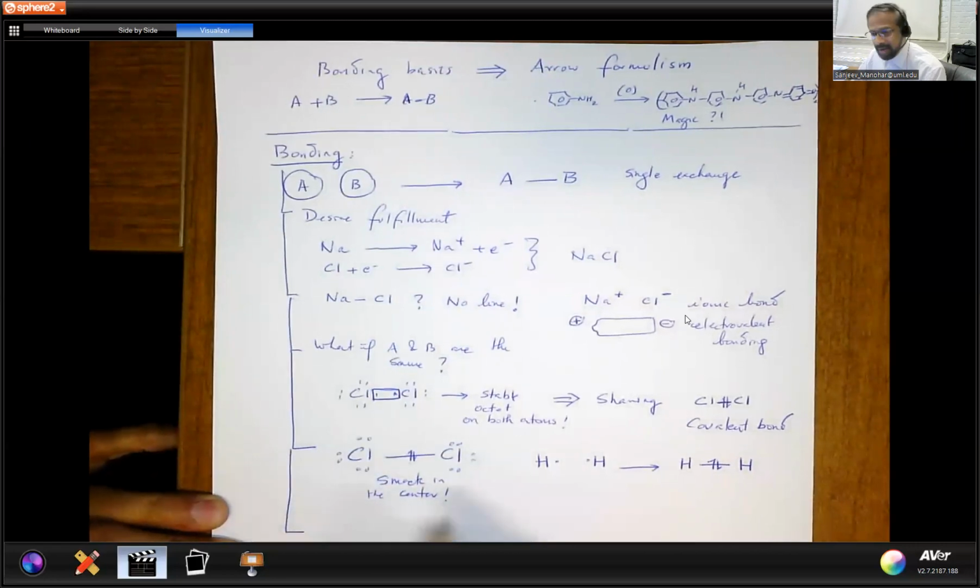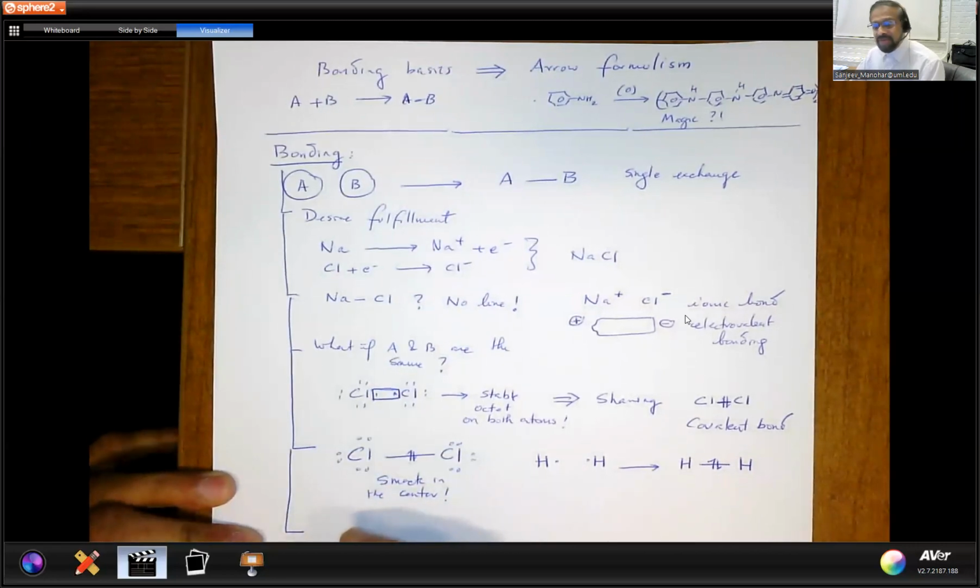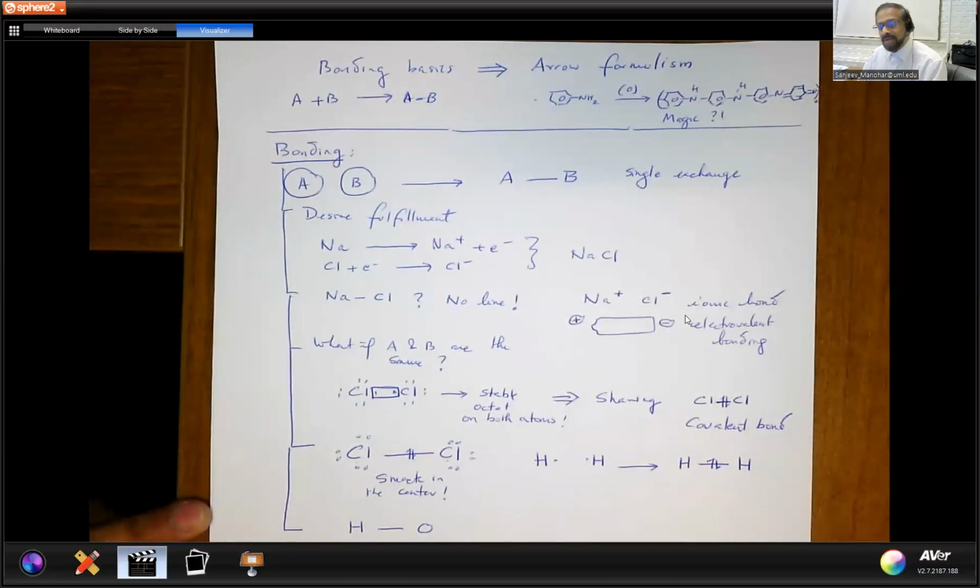Concept number 3 in bonding. What if these 2 are not identical, but something like hydrogen and oxygen? Well, then what? Oxygen has 1, 2, 3, 4, 5, 6, 7 and hydrogen has just 1.